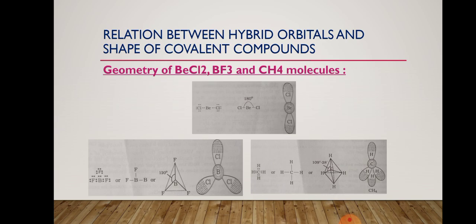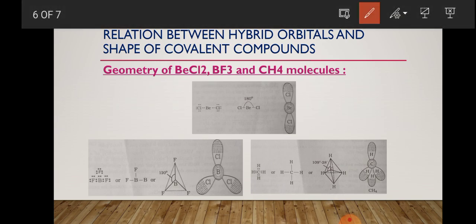Now I will discuss the regular shapes of some compounds, such as beryllium chloride, boron trifluoride, and methane molecules, in detail. You see in this slide the regular shape of beryllium chloride is linear.